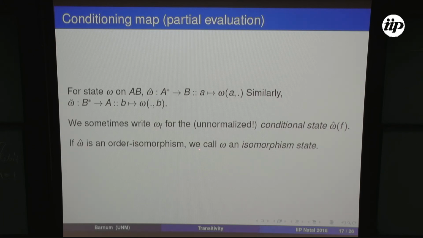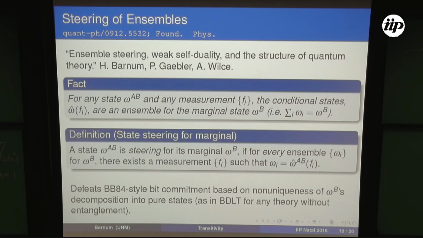Now, if omega hat is an order isomorphism, I'm going to call omega an isomorphism state. For example, any maximally entangled state. Actually, any full Schmidt rank state.